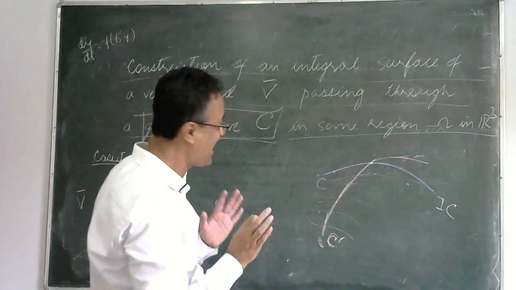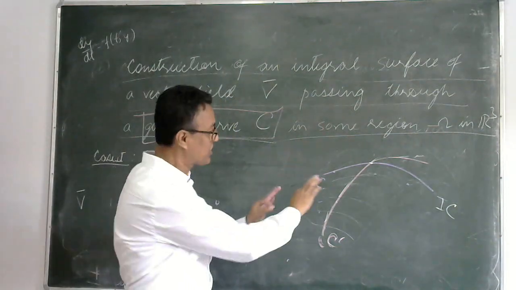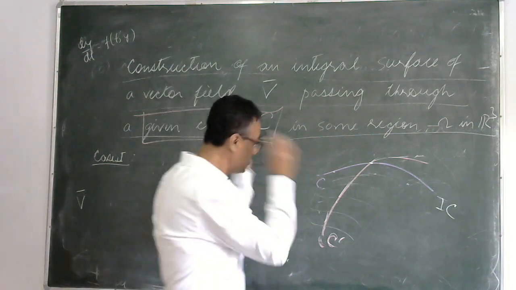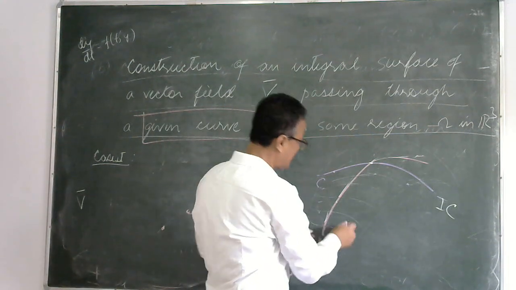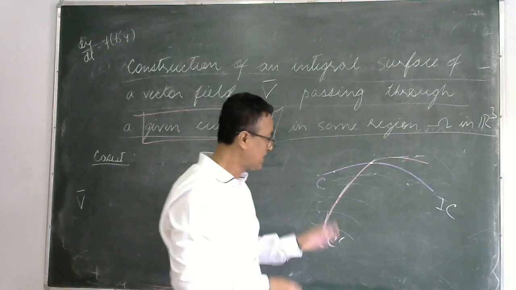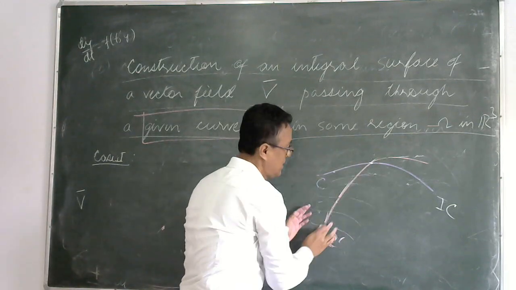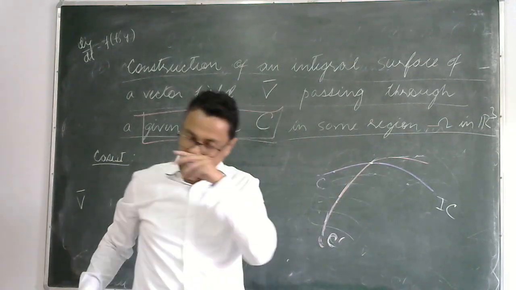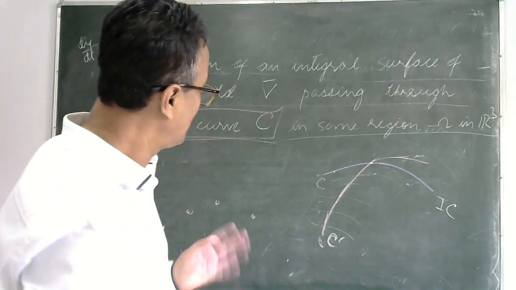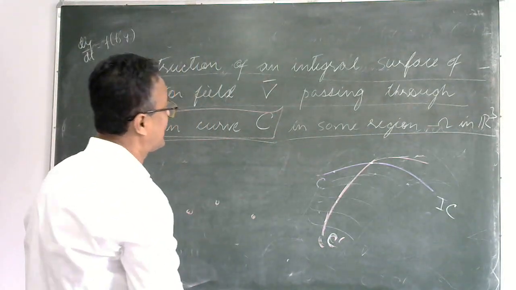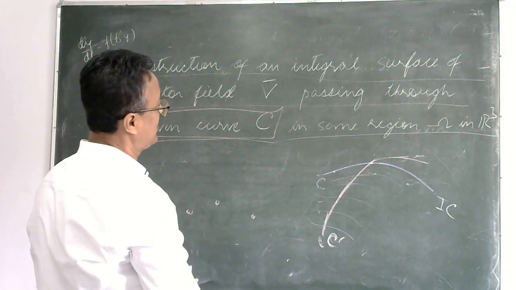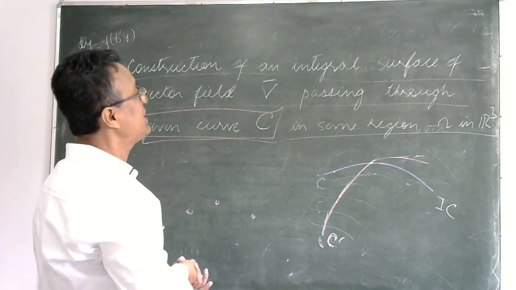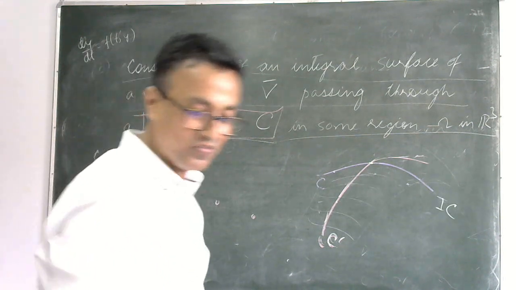So now, I'm sorry that I got confused there, because again, I called this an integral curve. No, this is a curve where V is nowhere tangent. So now, can you tell me, in this way, how many integral surfaces can you generate?